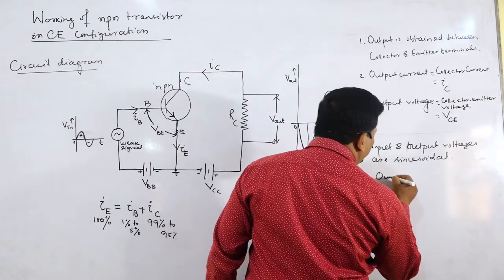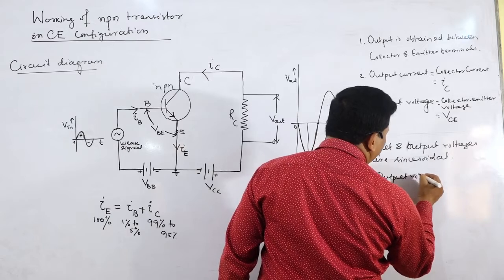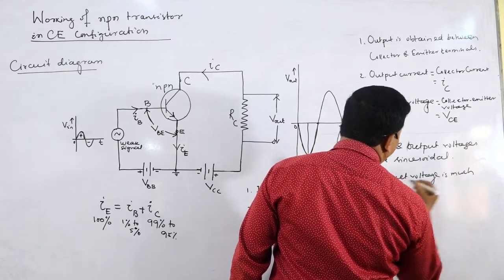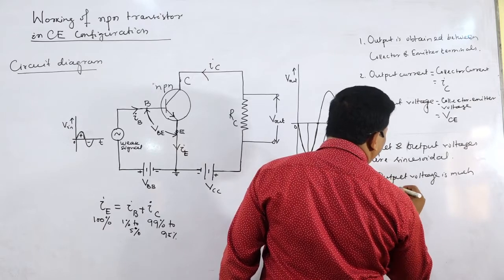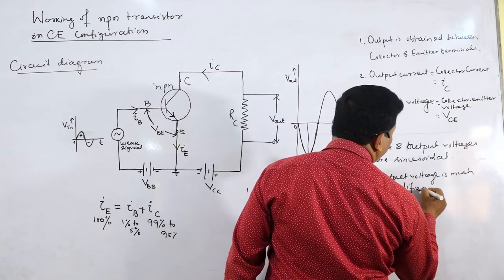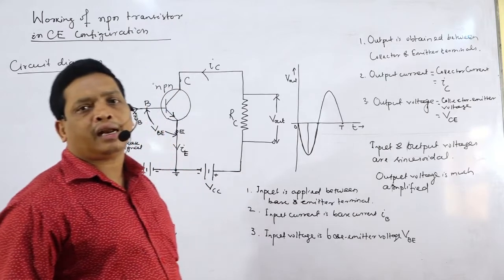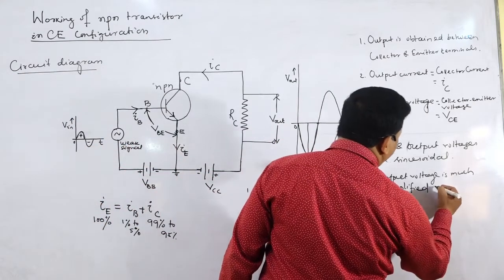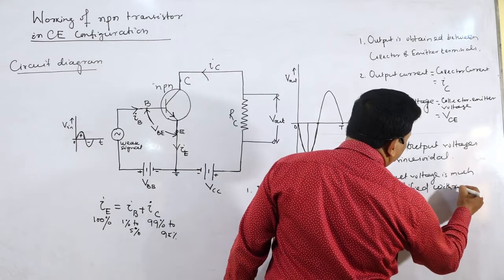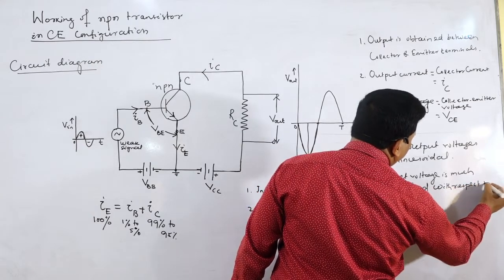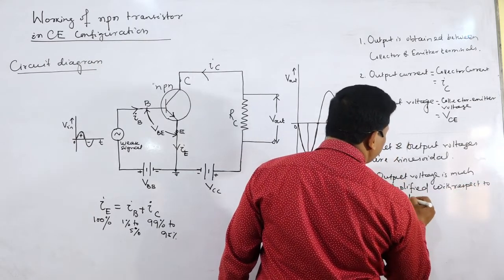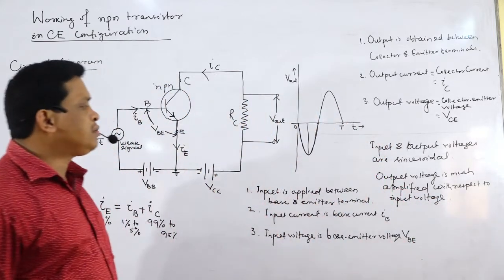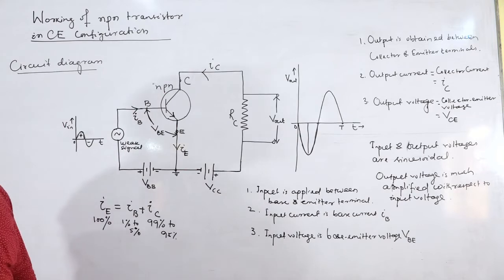So output voltage is much amplified, amplified means larger amplitude, much amplified with respect to input voltage. Output voltage is much amplified with respect to input voltage.